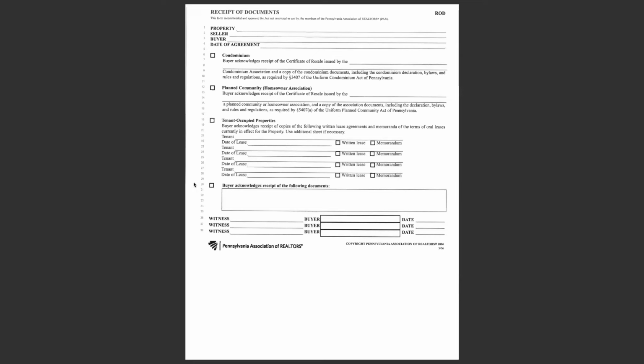We don't know when the clock starts ticking unless we have documentation. Having your buyer sign and date allows us to know when that clock starts ticking for the review period of these documents. This form is needed whenever you're dealing with a condo or a homeowner association.